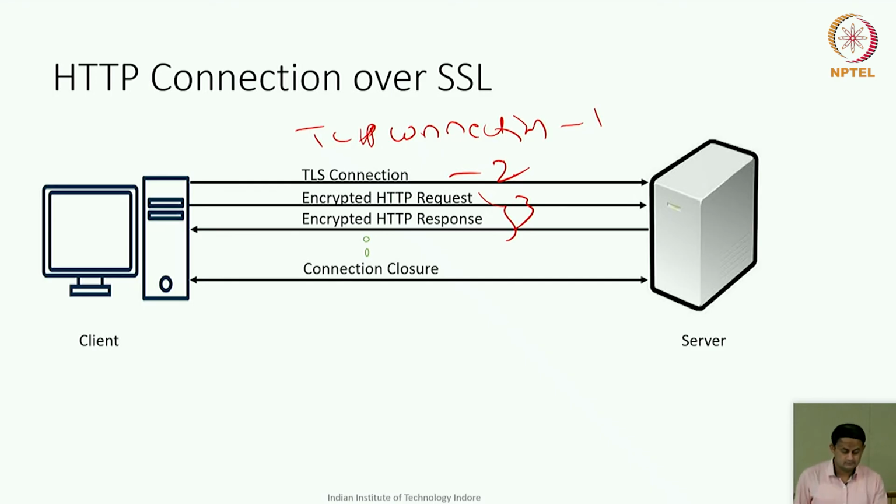Every encrypted HTTP request goes to the server, and then the server sends back an encrypted response. Once these are repeated a number of times, finally the connection can be closed. The closure can be initiated either by the client or by the server. When either one of them asks to close the connection, the TLS connection is closed, and subsequently the TCP connection is also closed.